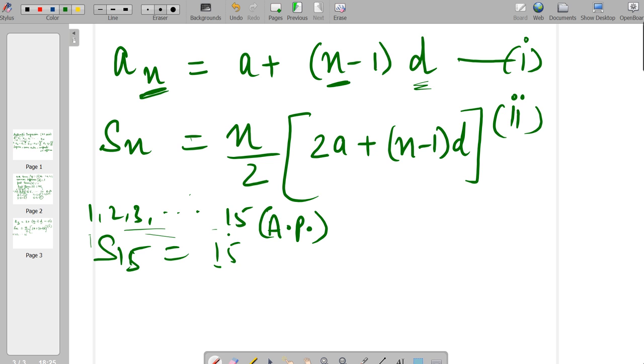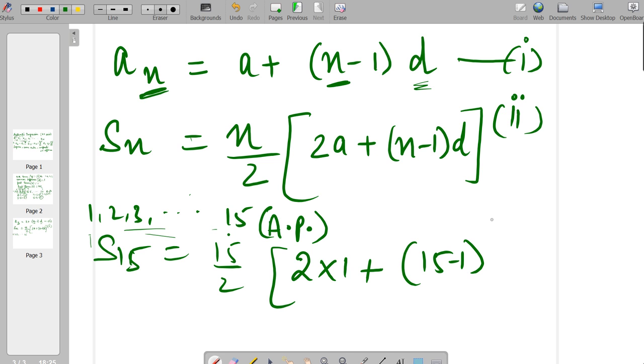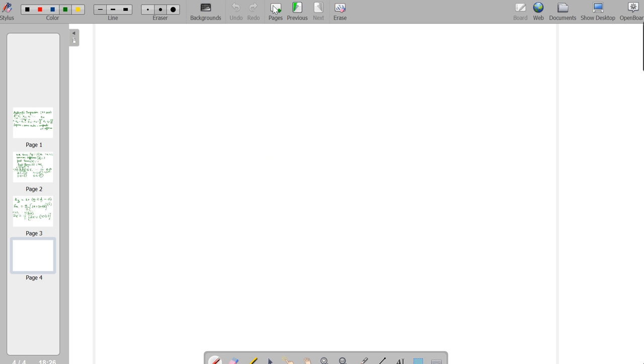It will be 15 by 2. 2a will be 2 into 1 plus 15 minus 1. D is, I think, 1 only. And similarly, you will place all the values and you will get the value of S15, meaning the summation of all the 15 numbers. So these two equations you need to remember while solving the series.